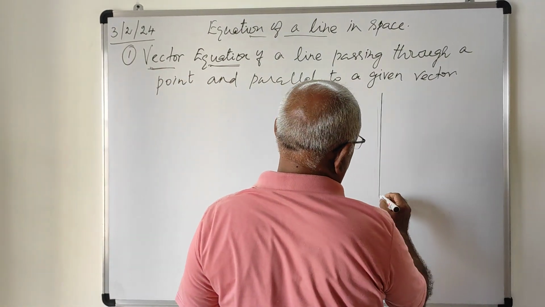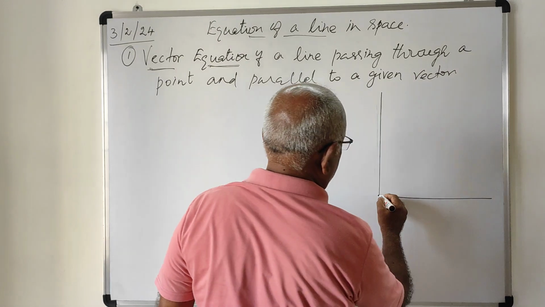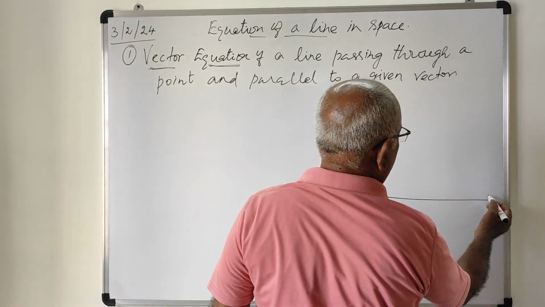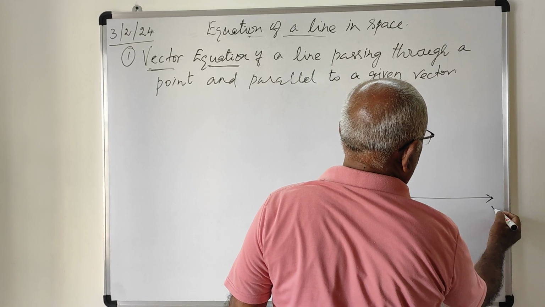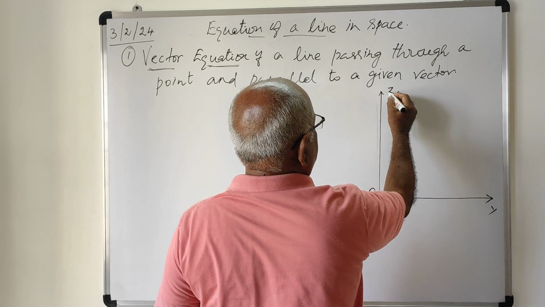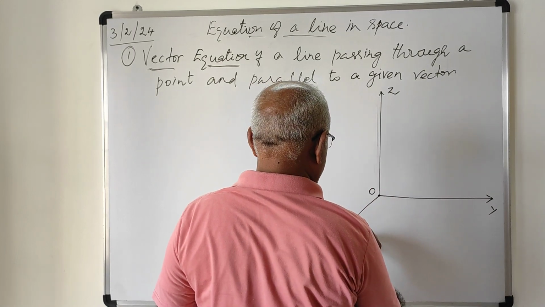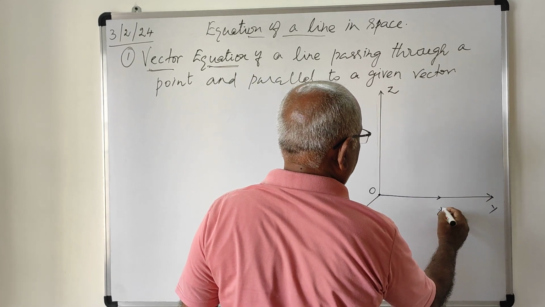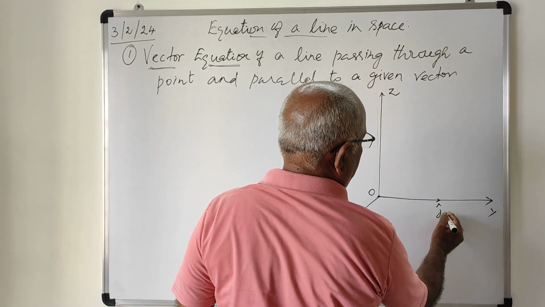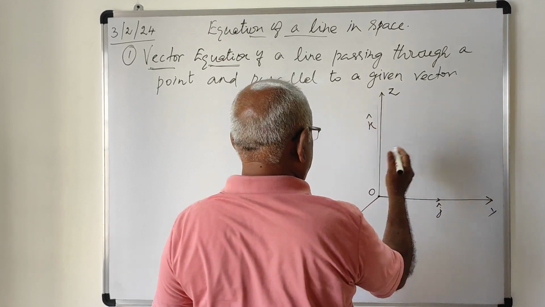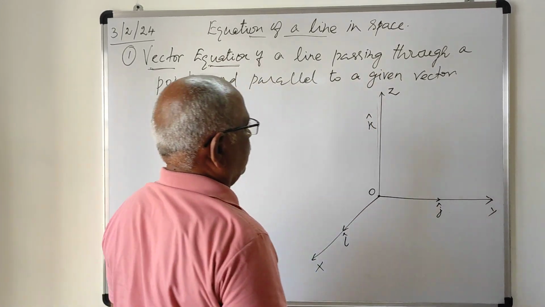For that, consider the space coordinate axes OX, OY and OZ, which are three mutually perpendicular coordinate axes, and i, j, k are the unit vectors acting along OX, OY and OZ respectively.